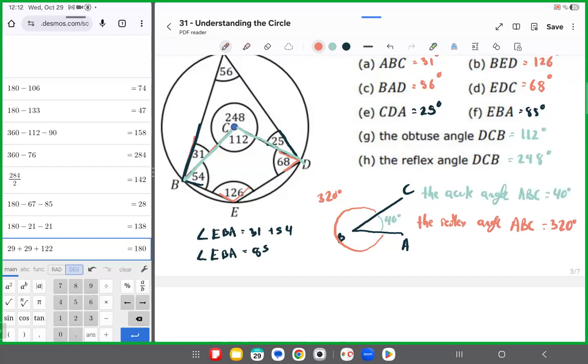Okay. And again, it's worth noting that if you have angle ABC, that's the same thing as angle CBA. Typically, it doesn't matter too much how you orientate it, but usually we read from left to right, as best as you can in your diagram.